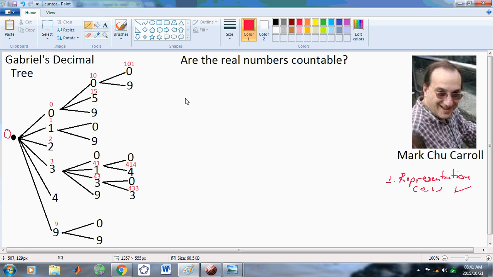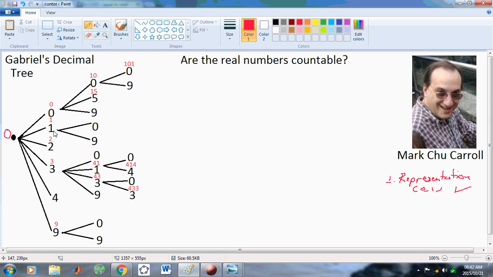create a bijection. Okay, what is a bijection? It is a one-to-one correspondence between the elements of two sets. So now, I'm going to let all the real numbers in this interval correspond to unique sequences. So for example, 0 is just 0, 1 is 1, 2, 3, 4, 5, up to 9.